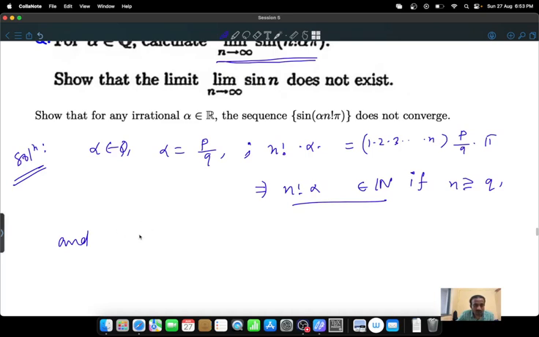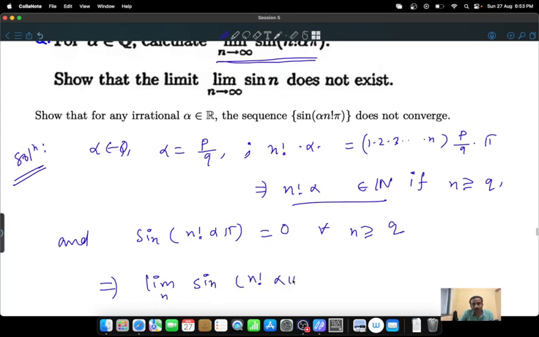So now sin of n factorial alpha pi is equal to 0, because that is sin of n times k pi, that is 0, and this is true for all n greater than or equal to q, and this implies limit n sin n factorial alpha pi is 0. So first part is done.